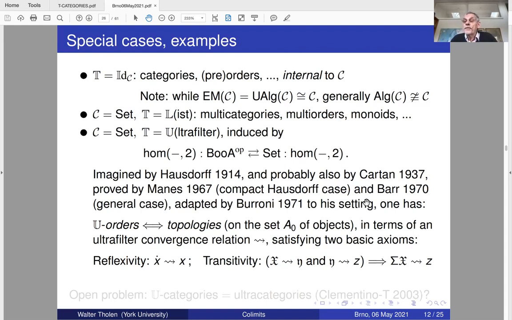My take of this was that Hausdorff really imagined that topologies might be given and described by a convergence relation. Of course, that was the theme, but the way he talks about this makes it clear that a topology is a generalization of a preorder. And I would suspect that Cartan, but that's just a guess of mine, might have had the same take on this.